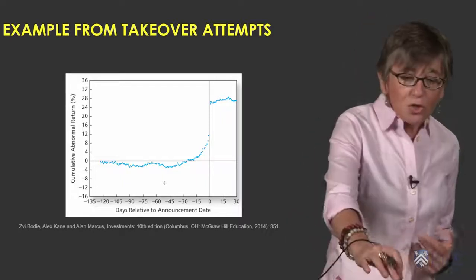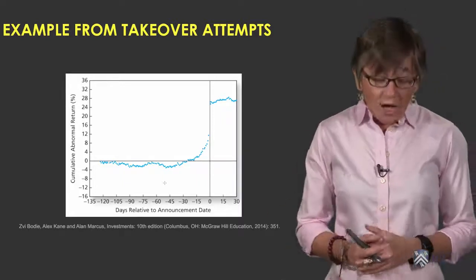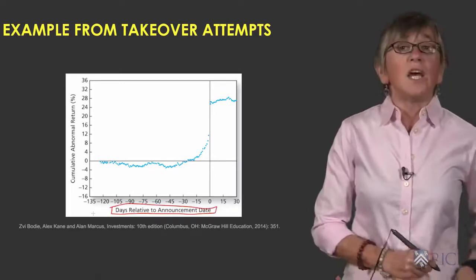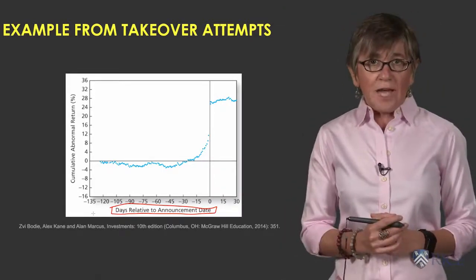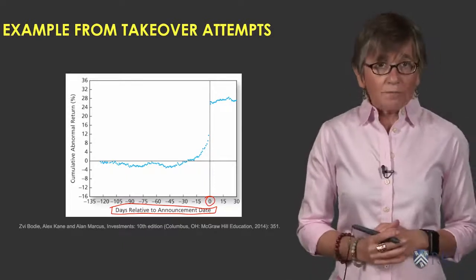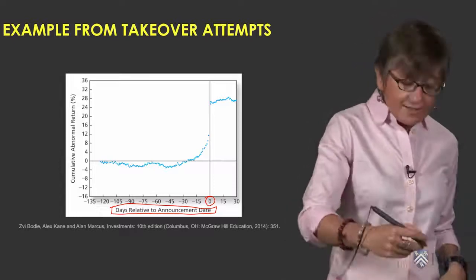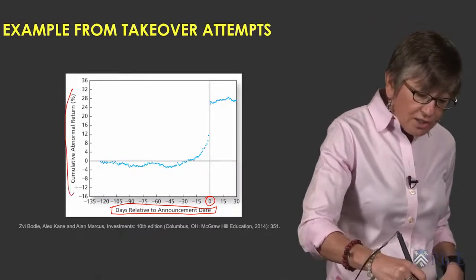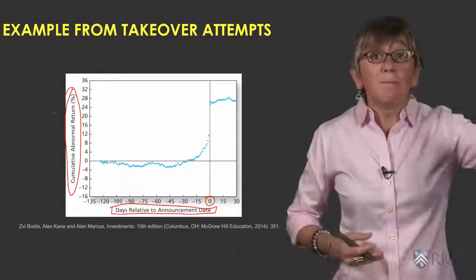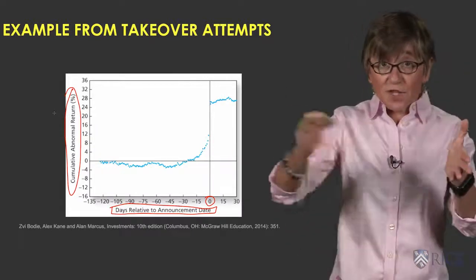So what you see in this graph, on the x-axis, you have the dates relative to the announcement date. The announcement date is marked as 0. And on the y-axis, you have the cumulative abnormal return, which is simply the sum of the abnormal returns over this period.